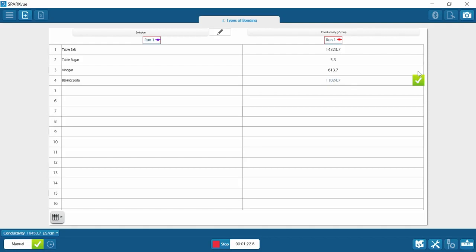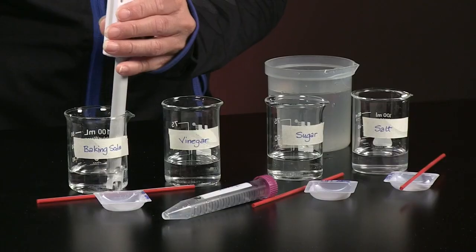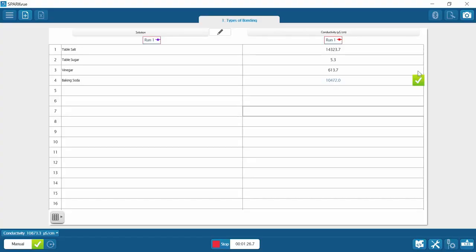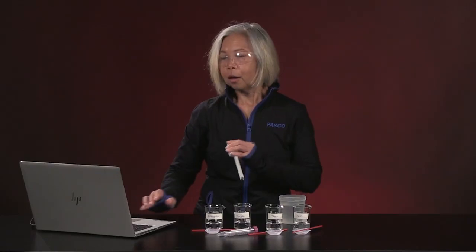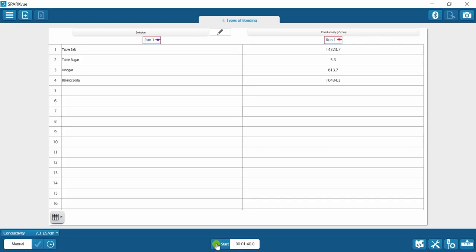Ooh-wee, look at baking soda. And we'll give that a check. So now we have the conductivity readings for every single one of our solutions.